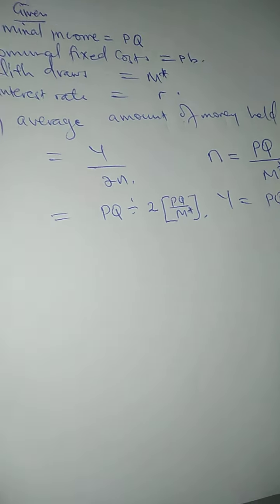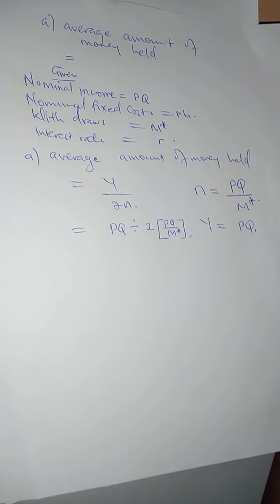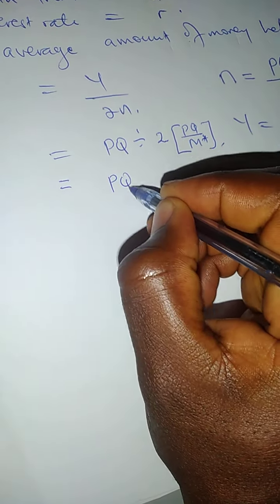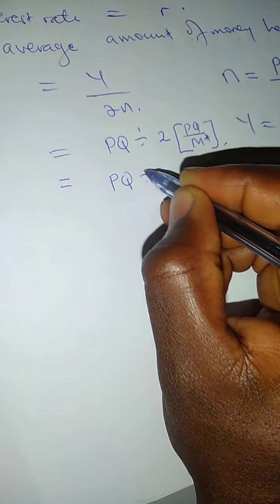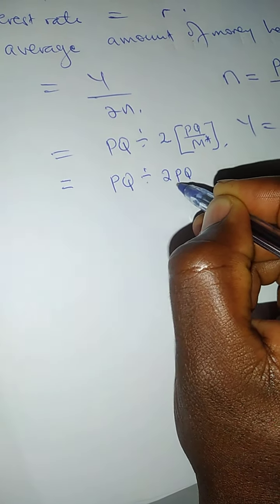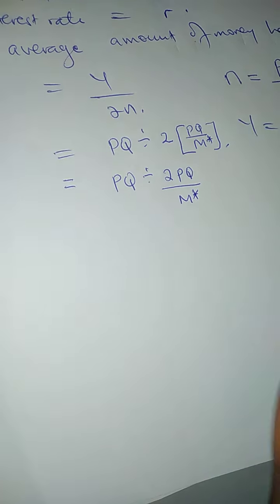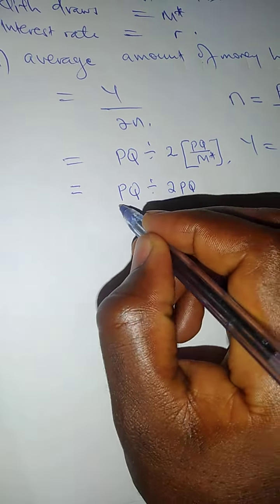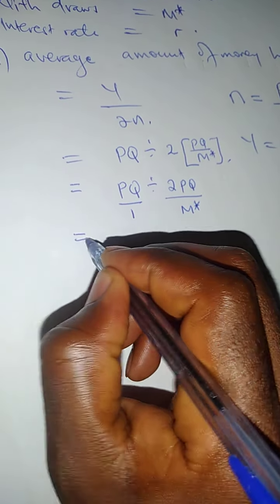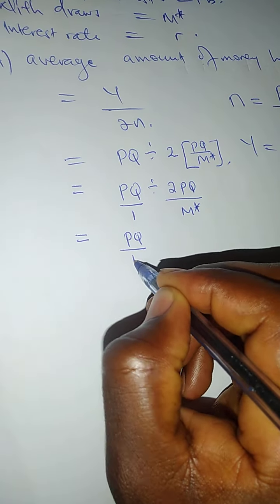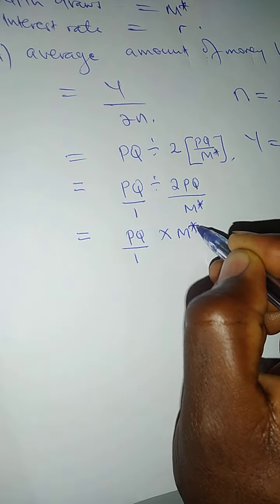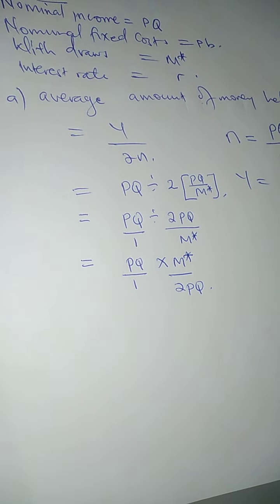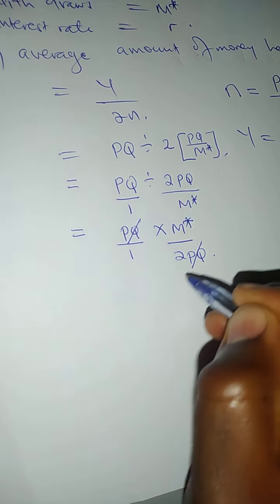Good. So we can solve this. This is going to be PQ divided by 2 PQ over M star. We can make this a fraction out of 1. So this is equal to PQ out of 1 times M star over 2 PQ. So this PQ can cancel with this PQ.